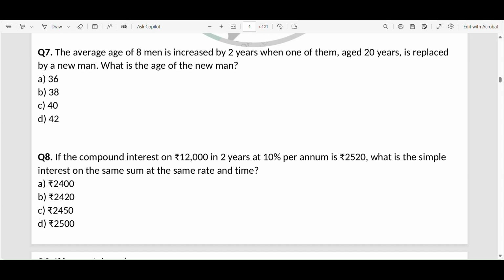Means, see, there is a group of 8 men. I'll be explaining it easily.